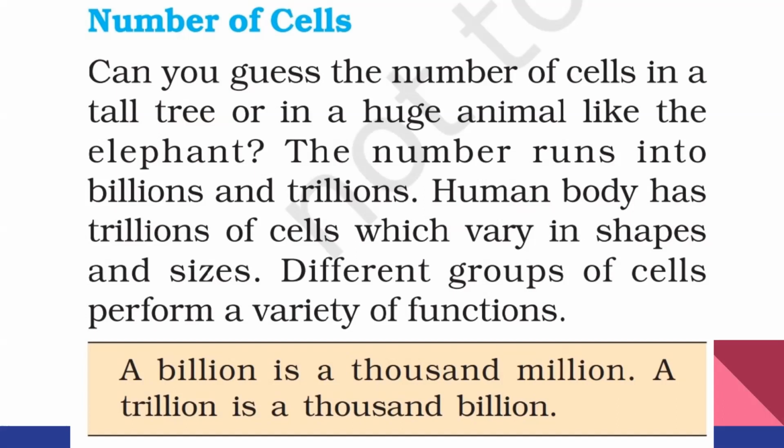So from that, what we can say? If you take our human body, it has trillions of cells. See, a human body has trillions of cells. These cells are found in different shapes and sizes, but there are different groups of cells to perform a variety of functions.